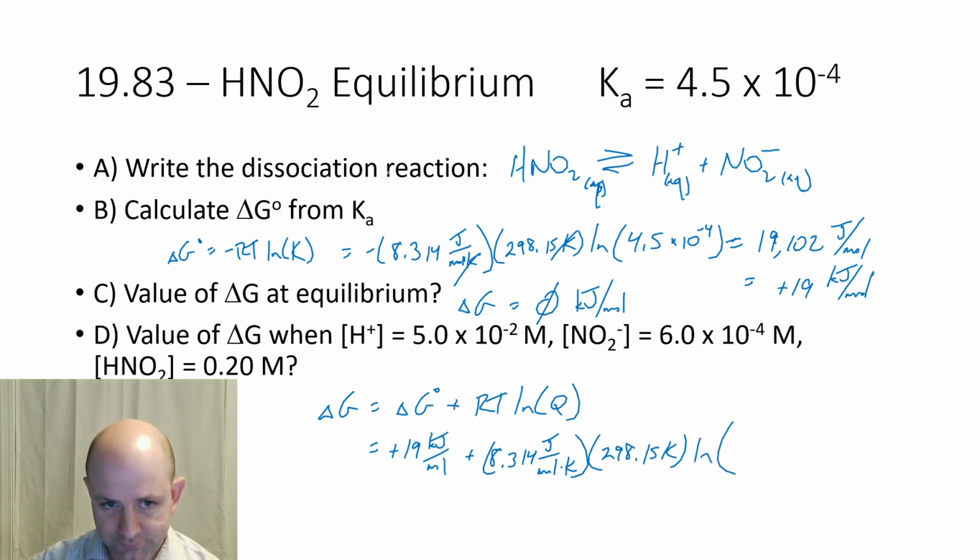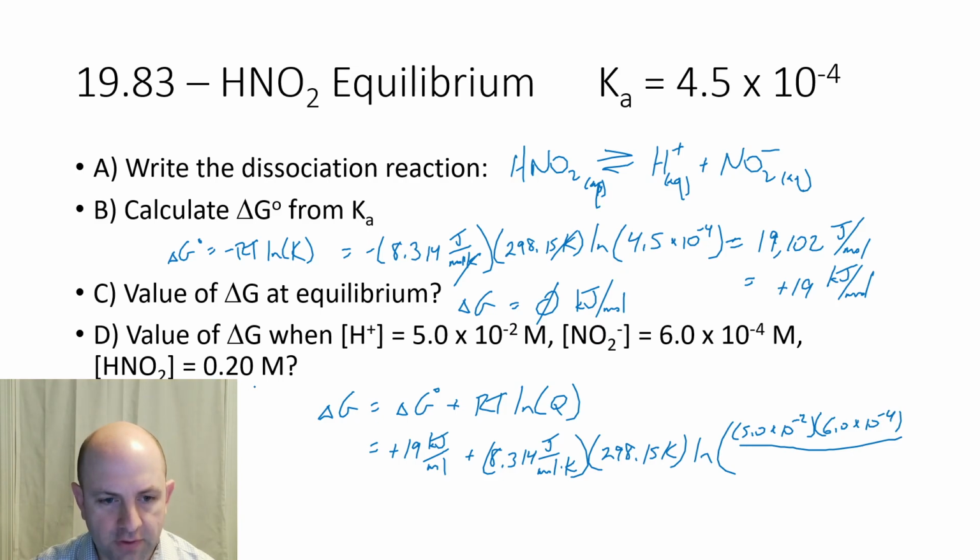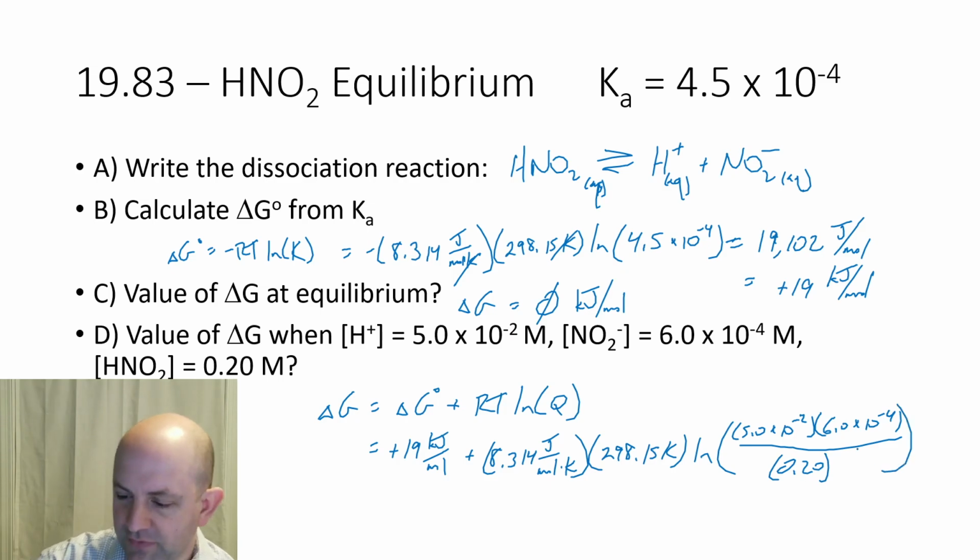So we have to do products over reactants. Products are H plus, so we have 5.0 times 10 to the minus 2. We have the nitrite, 6.0 times 10 to the negative 4. All of this over the HNO2, so 0.20 molar. All right, so we're going to just have to start simplifying.